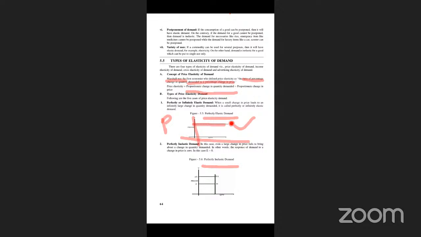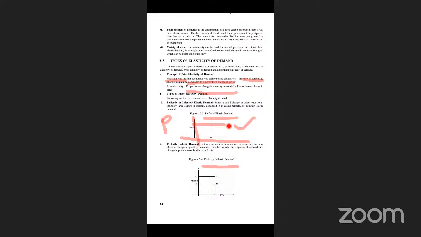And this elastic demand has a horizontal line. This is happening when a small change in price is leading to infinite change in quantity.